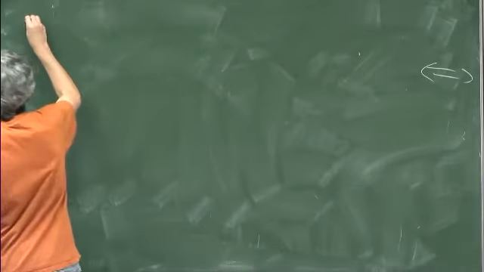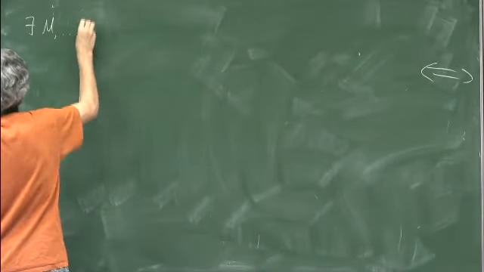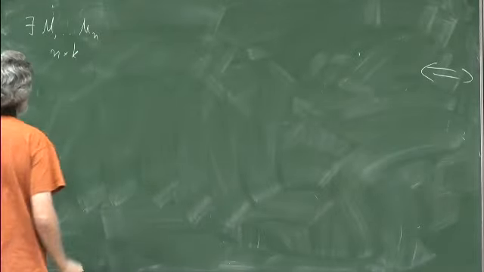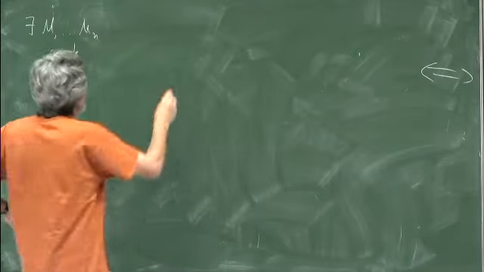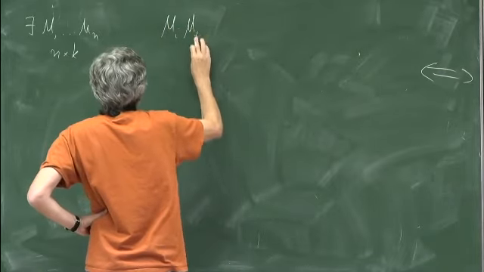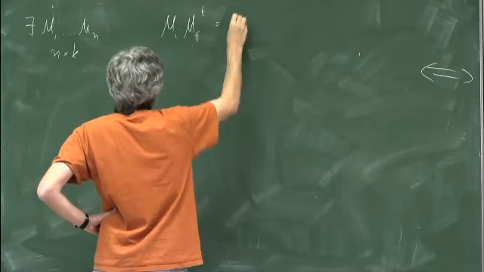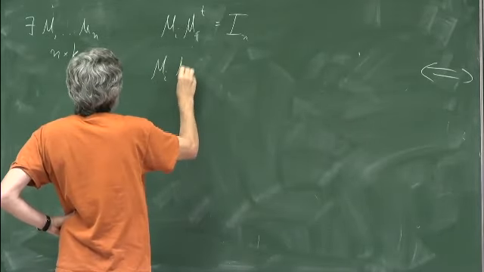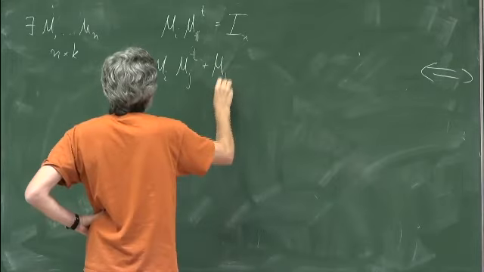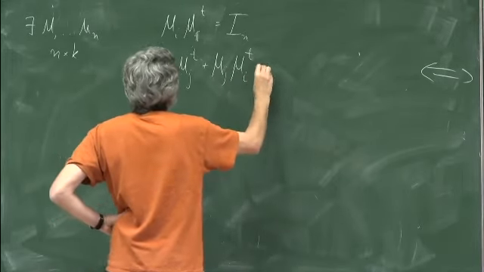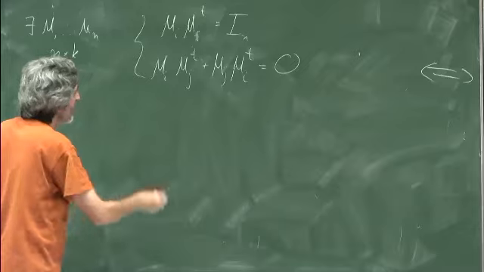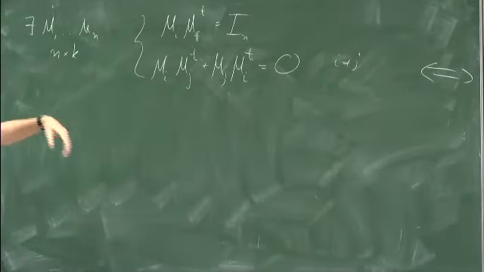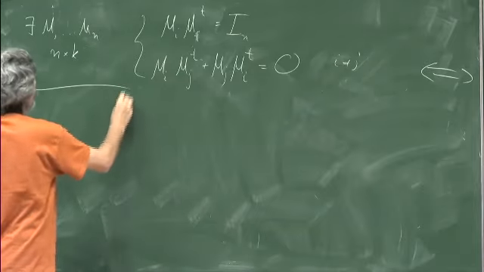One is that there are matrices M1 up to Mn, each of them n by k matrices, such that Mi Mi transpose is the identity matrix, and Mi Mj transpose plus Mj Mi transpose is 0, for i different than j. So it turns out that sum of squares happens exactly if this happens.